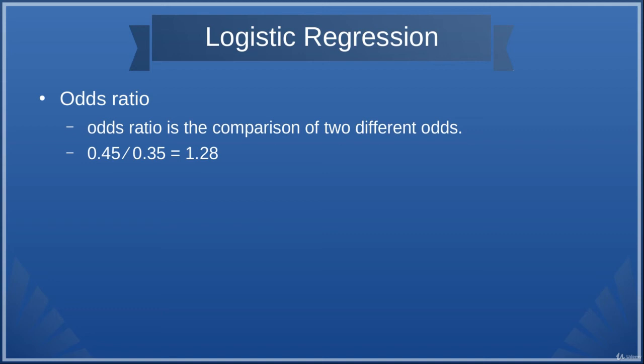Remember, odds can be represented as 5 to 1, 5 to 4, 4 to 3, but they can also still be represented as probabilities. If you look at the example here, we have 0.45, that's a probability, divided by 0.3, which gives 1.5. What this essentially means is that this first group is 1.5 times more likely to win or have the right outcome than the second group.